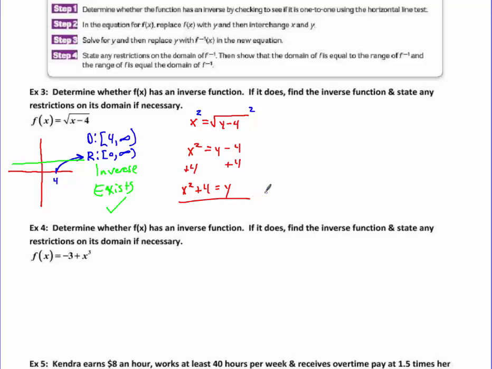Well, when we come over here, this equation right here, y equals x squared plus 4, looks like this.